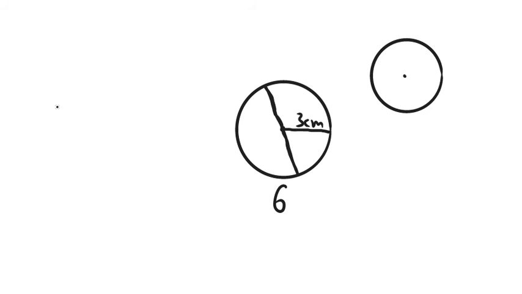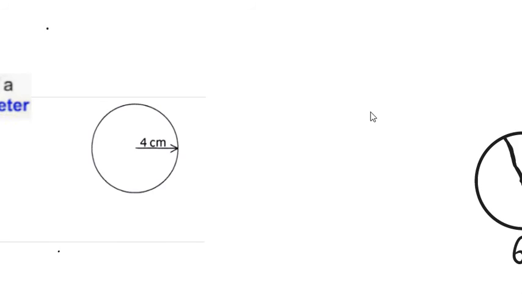So the diameter there is 6. If I was given another circle and we were told that the radius was 7 centimeters, well then the diameter, the full way across the circle, would have to be 14. So, diameter is always twice the radius.